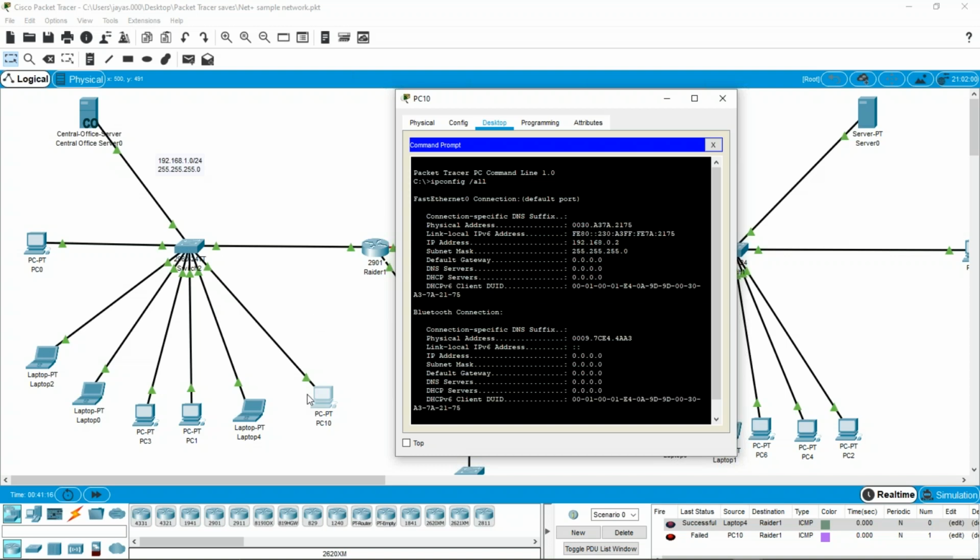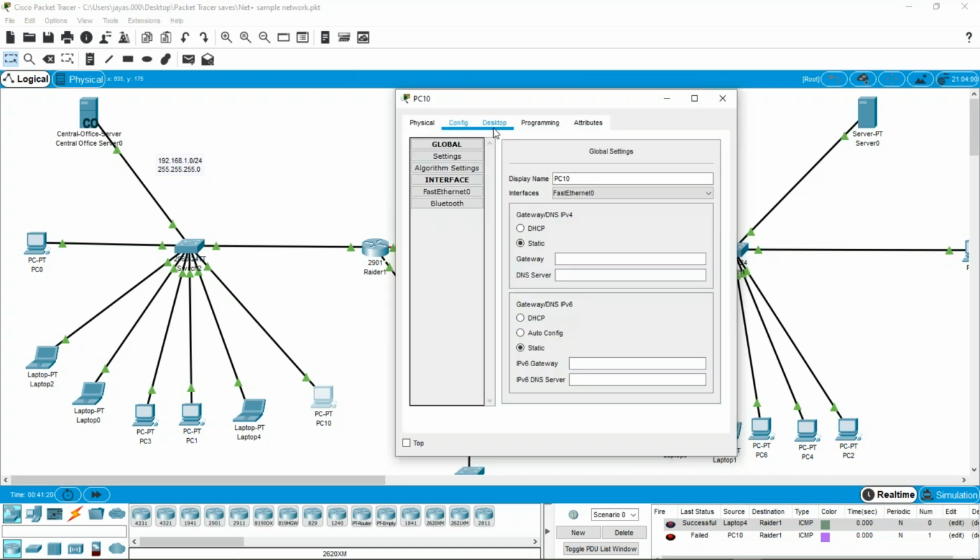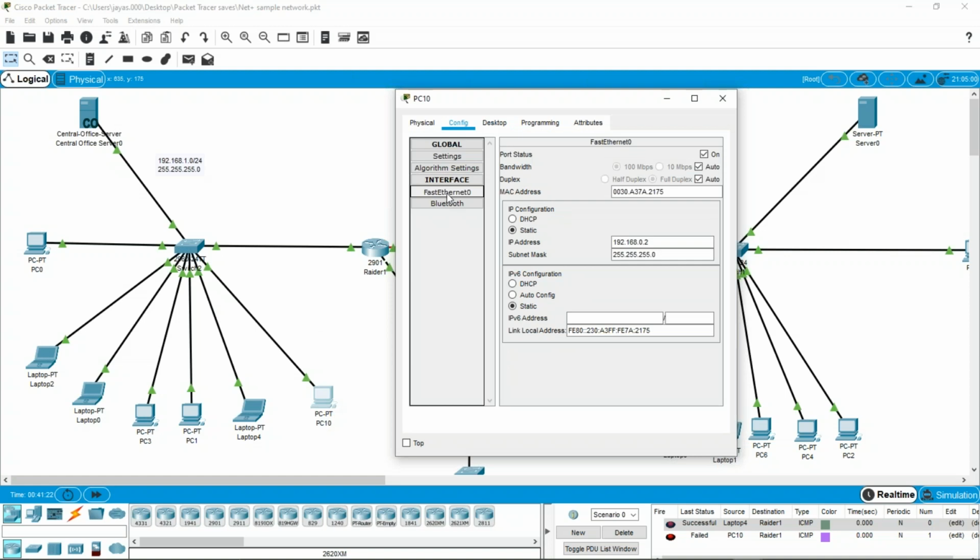So to fix this, we basically have to come back to our config over here, and then we just have to pick an IP address that's going to be on the network, obviously. I think that's the IP address I have for this.